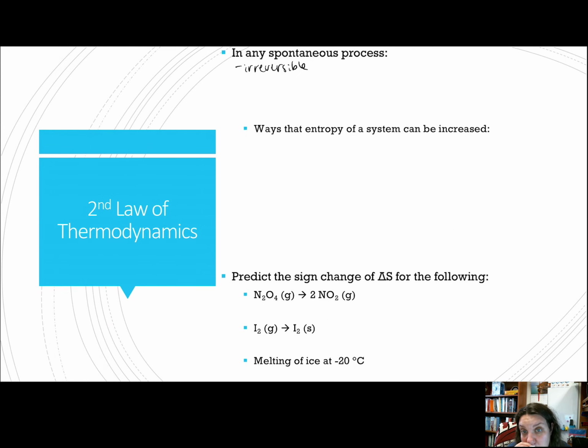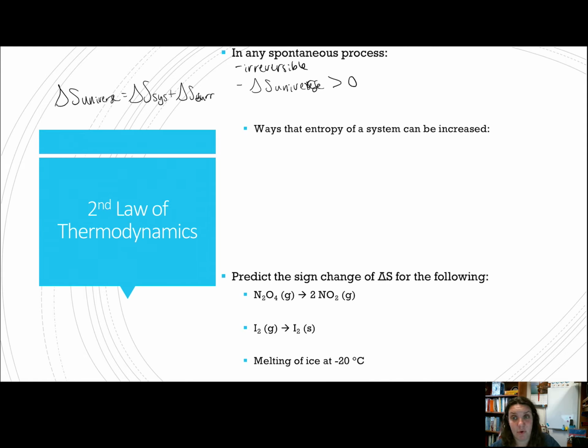And if we have a spontaneous process, our delta S of our universe will be greater than 0. Keep in mind that our delta S of our universe is equal to our system plus surroundings. So one of them is going to increase in such a way that our delta S of universe would be greater than 0. Doesn't matter if it's the system or the surroundings.